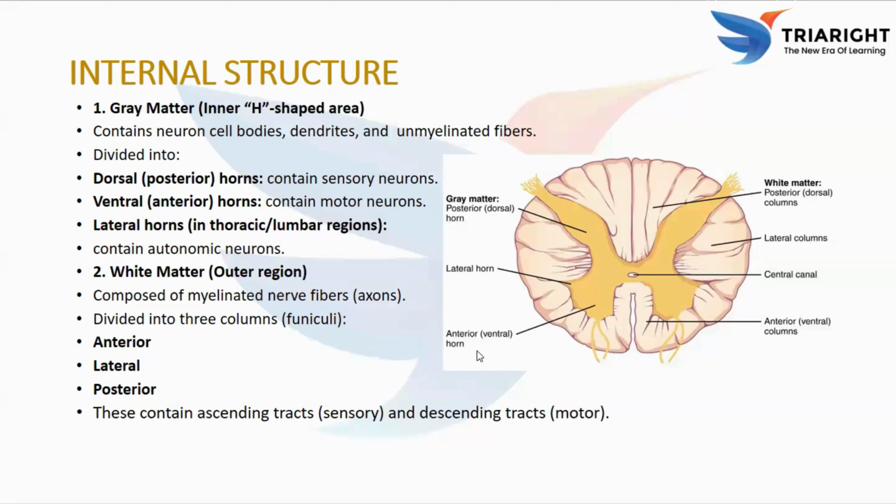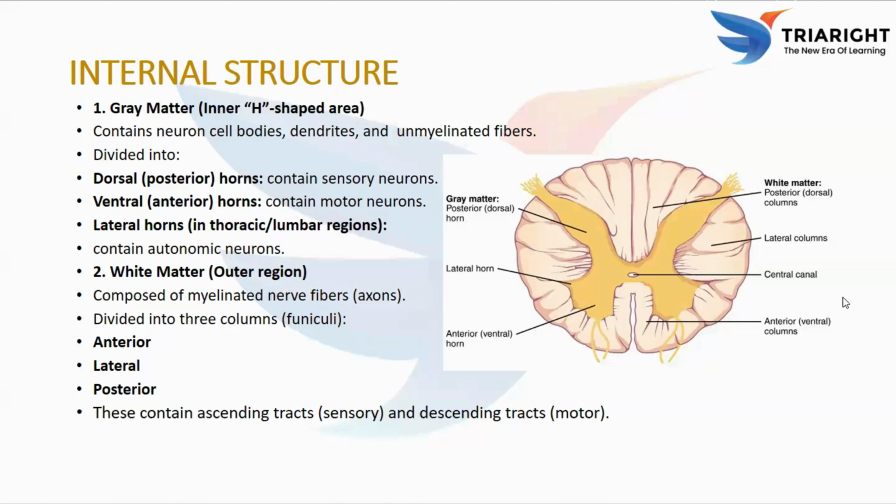Whereas the ventral anterior horn contains motor neurons that send signals out to the muscles for movement. Coming to the lateral horn, it contains autonomic neurons that control involuntary actions like heart rate and digestion. So this is about the gray matter.